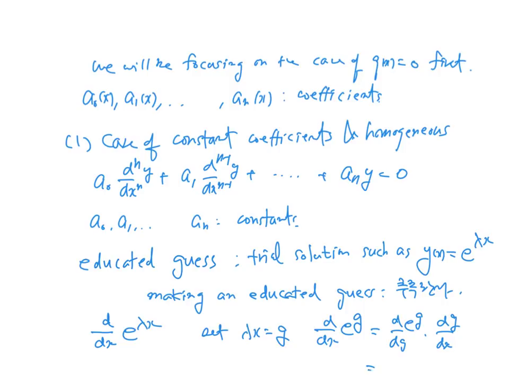So if we differentiate exponential g by g, it doesn't change. However, dg/dx is lambda. So this is lambda exponential lambda x. That's the beauty of this exponential function.